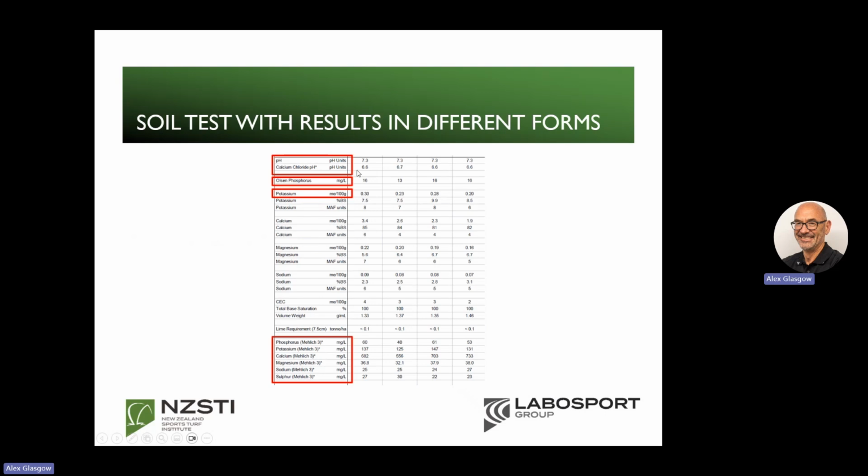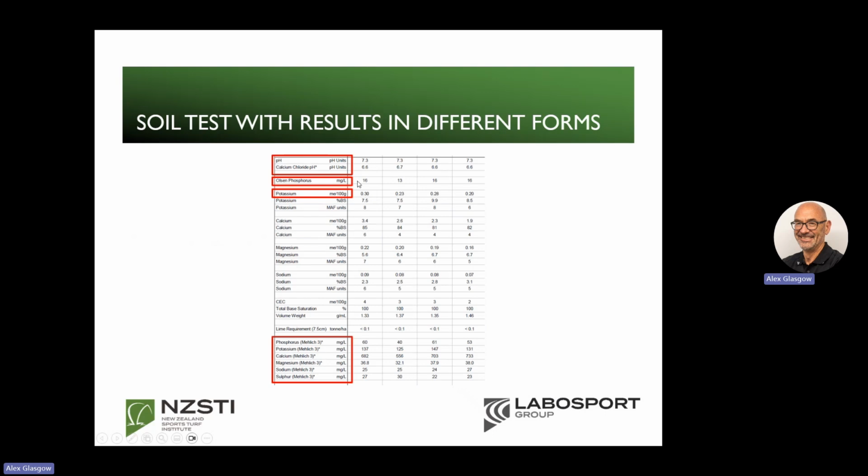The top one, pH units, is done in a water solution, or extraction into water, and that's tested. The next one down, calcium chloride pH, is done in a calcium chloride solution, and that's tested. They're just two different ways of determining the pH.